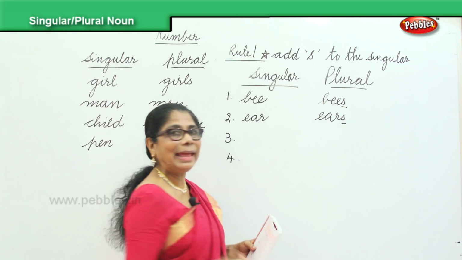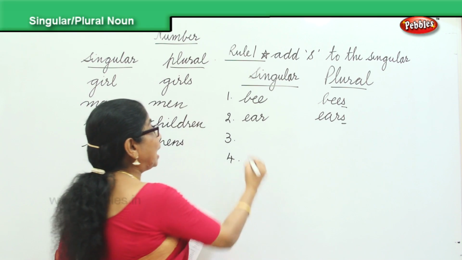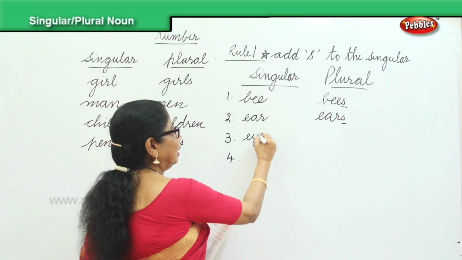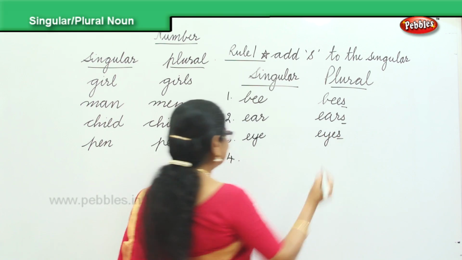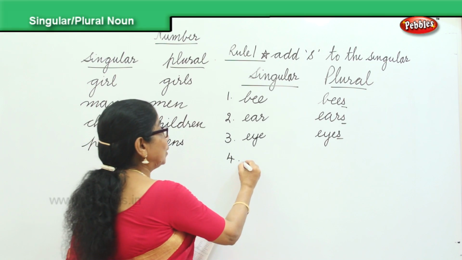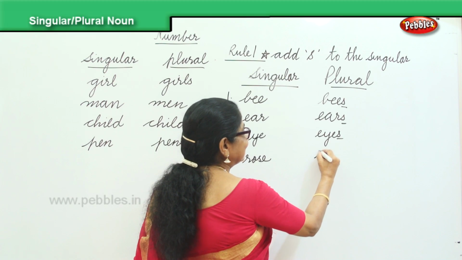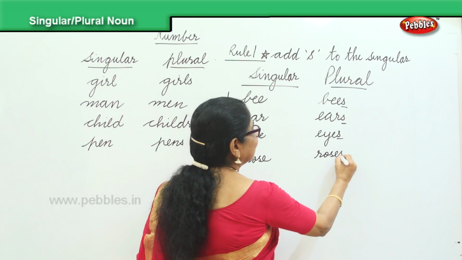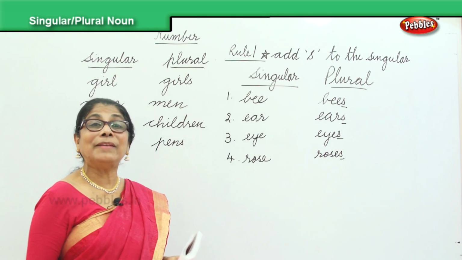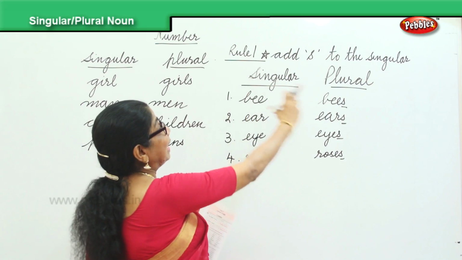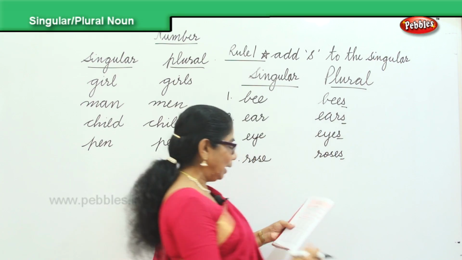Just add s to form the plural. Then we have eye. Eyes. You added s. Then rose, one single flower. Roses, you add s. In all this, to form the plural noun, we have added a simple s. Add s to the singular to form the plural noun.